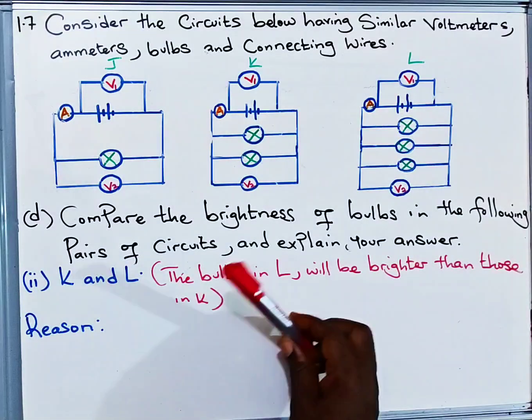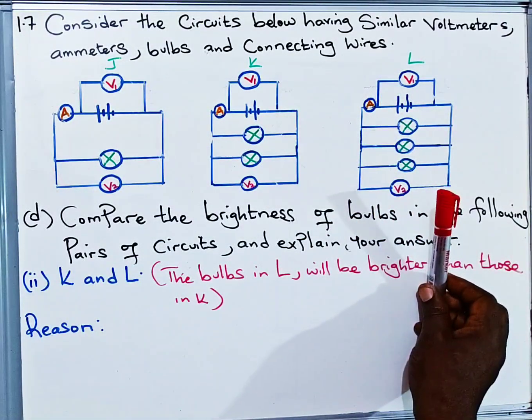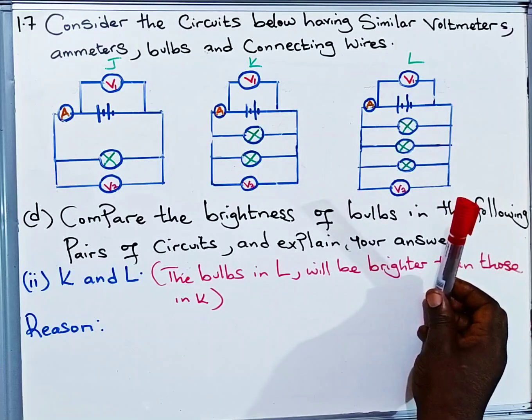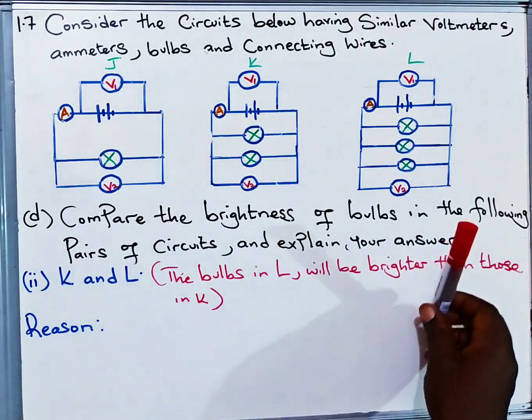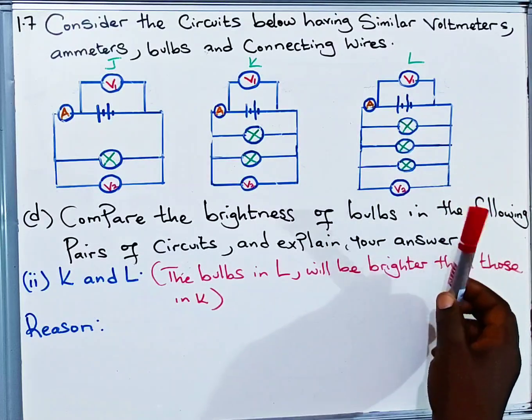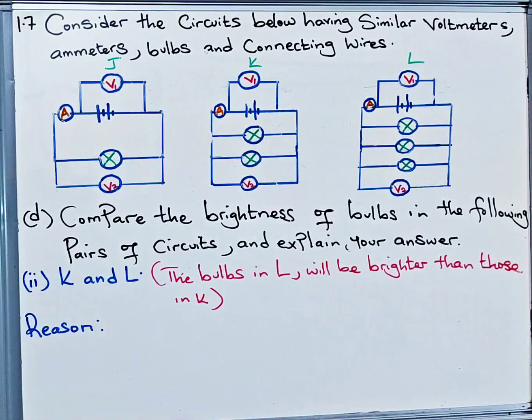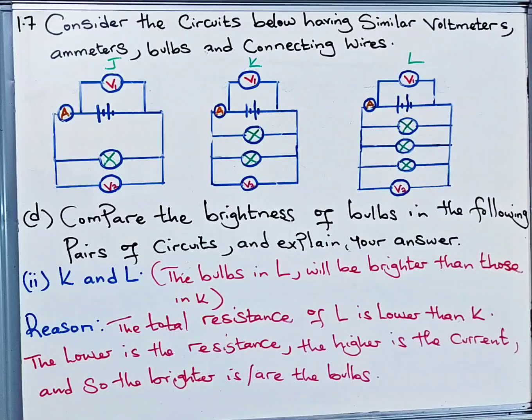What is the explanation for choosing L as having brighter bulbs? The answer is that the total resistance of L is lower than that of K. And so L will have higher current, and the higher the current, the brighter the bulbs.